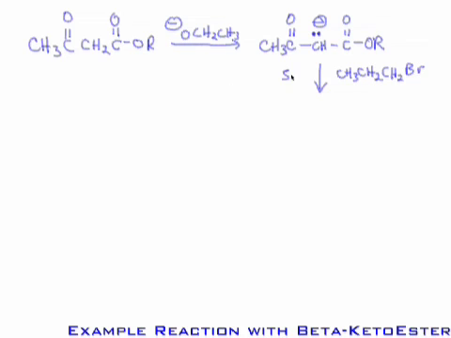Do an SN2, and when I'm done, I will have CH with a propyl group off of it. So the exact same reaction works with various functional groups. It does not have to be a diester. This substitution, I can get this far.